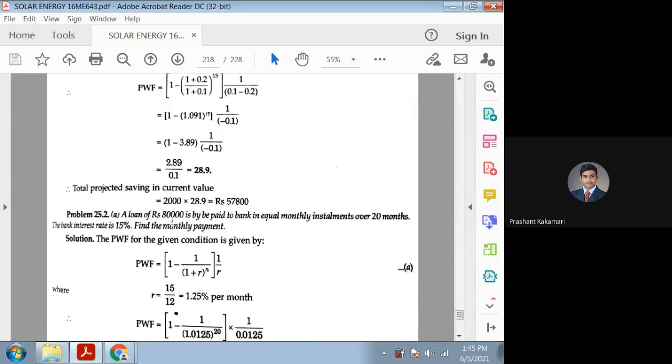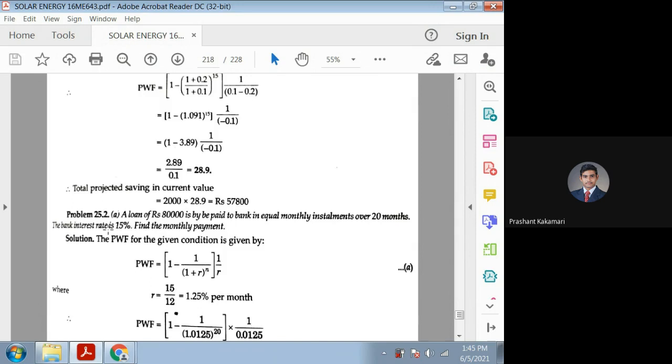Then in 20 months he has to pay the EMIs, equal monthly installments. How much does he have to pay? We have to find the monthly payments. The rate of interest that the bank is going to ask is 15%.